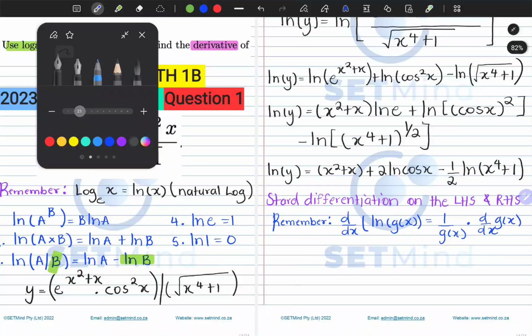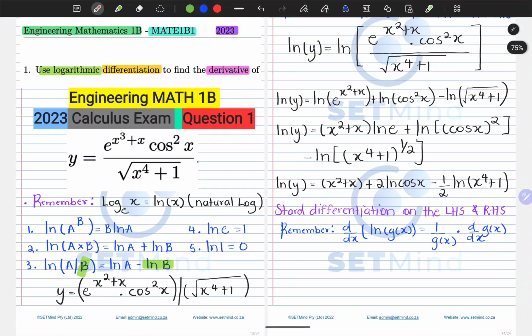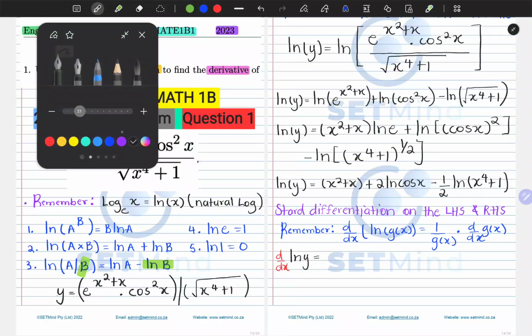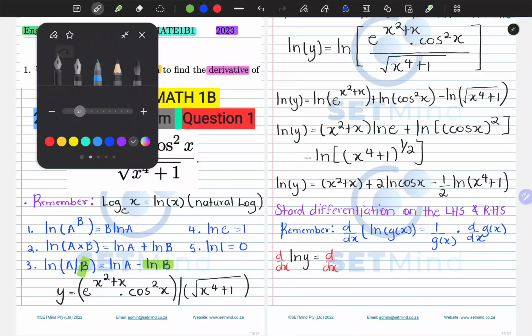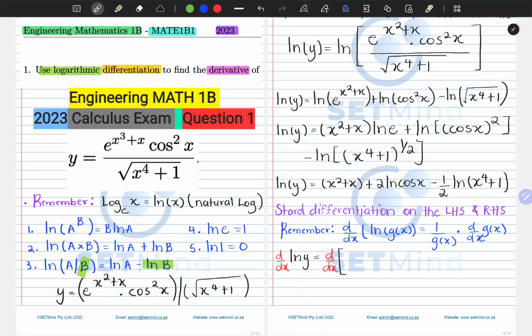So if I go ahead now and introduce our differentiation on the left-hand side, which is just going to be d dx, and what we are differentiating is ln of y, and we do the same on the right-hand side. So we'll just have d dx, and we'll put up everything that we should have on the right-hand side.